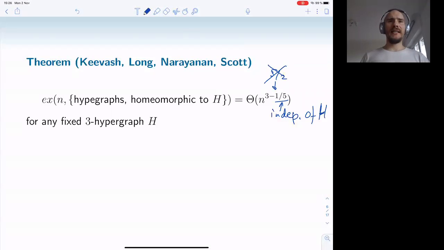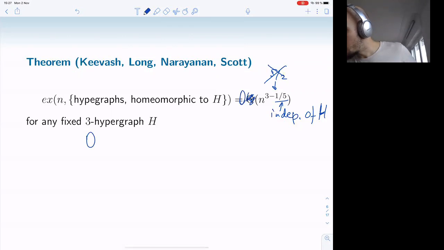It is easy to get a result of the same form where this constant would depend on H. Sorry, this is not theta, this is big O. I'm very sorry. So we don't have the lower bound, and we expect that this is 5 halves, but they proved this upper bound.